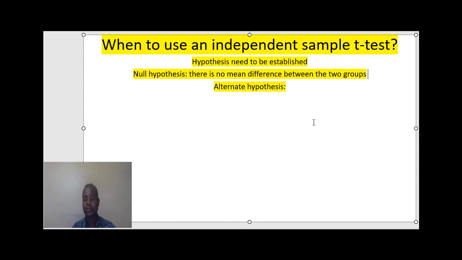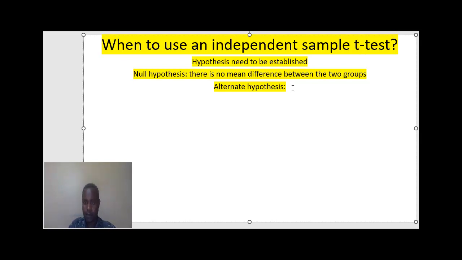Or let us say in terms of food security value, we could say that there is no average food security value difference between male-headed households and female-headed households, like that. Therefore, always one would write the null hypothesis of independent sample test like that, because there is no mean difference.